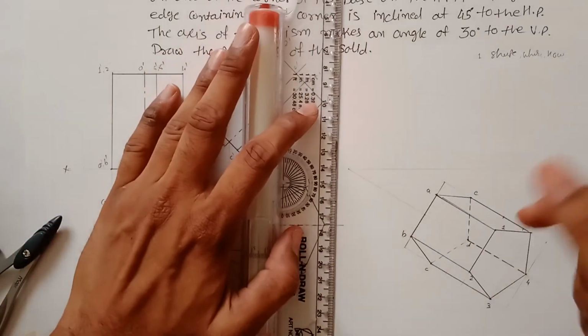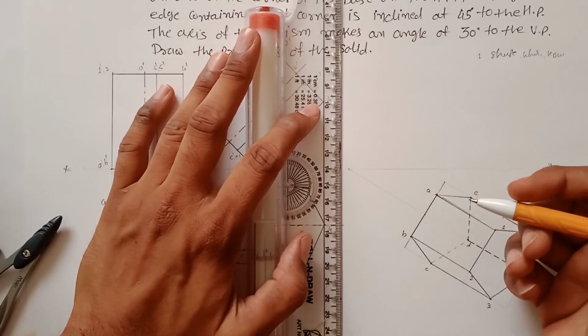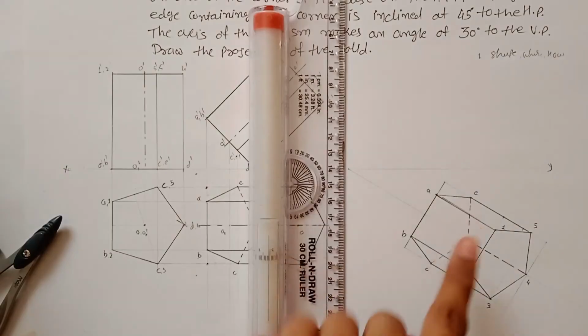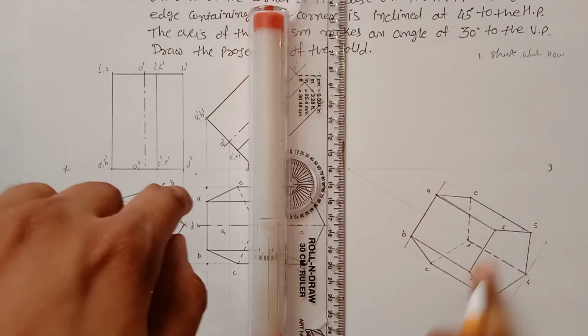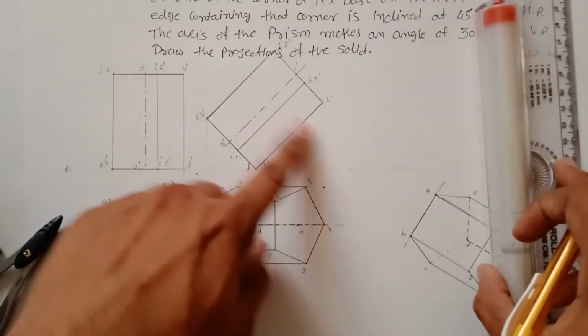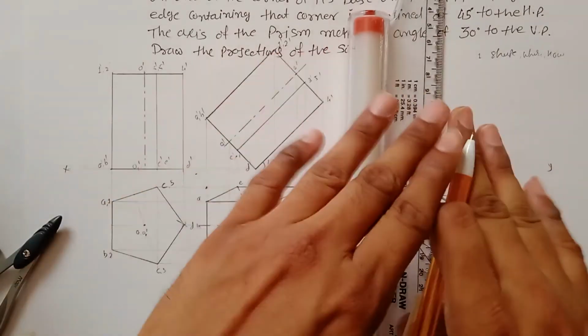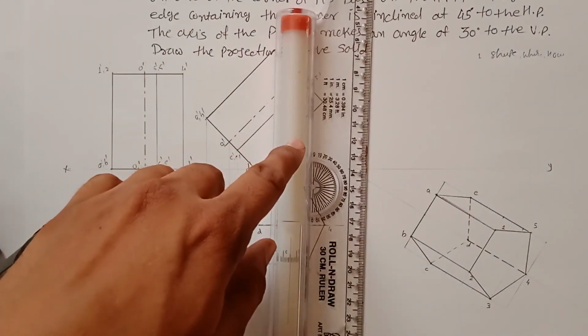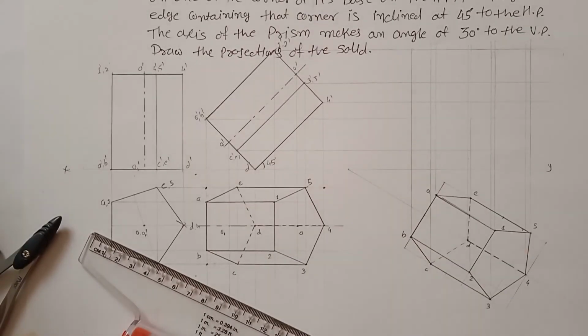So project each and every corner of this: A, B, C, D, E, 1, 2, 3, 4, 5. For this you have to project all of them to find out intersecting points. So I have constructed the whole line projections. Now I'll give you an exercise.